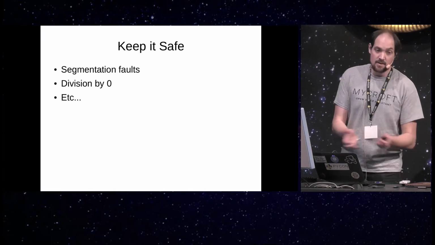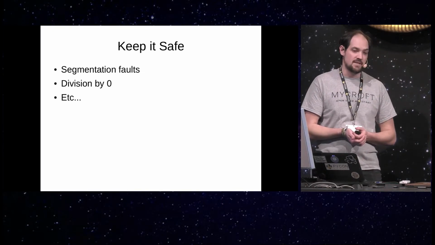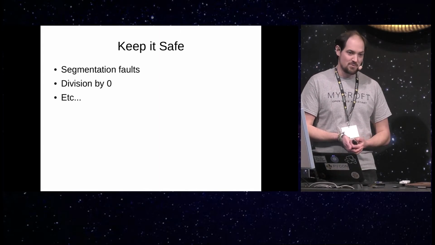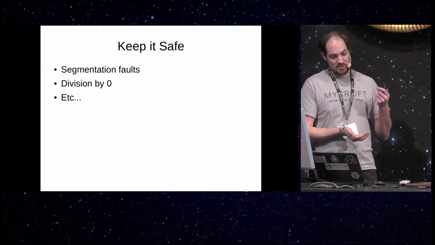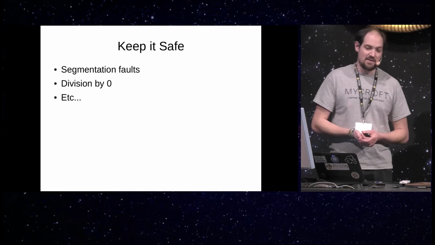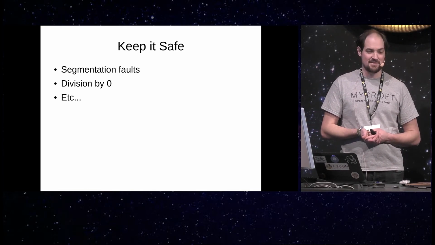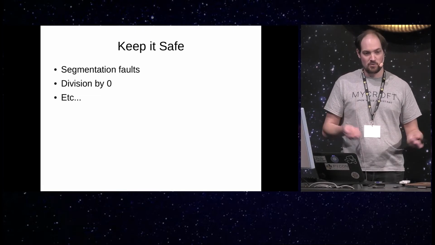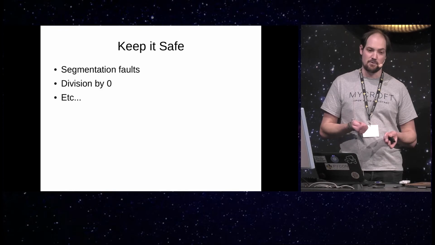So we're working with C here. We have segmentation faults, we have division by 0, we have a lot of things, and if these occur in C when you're accessing a C function, your Python interpreter will basically be shut down as well.